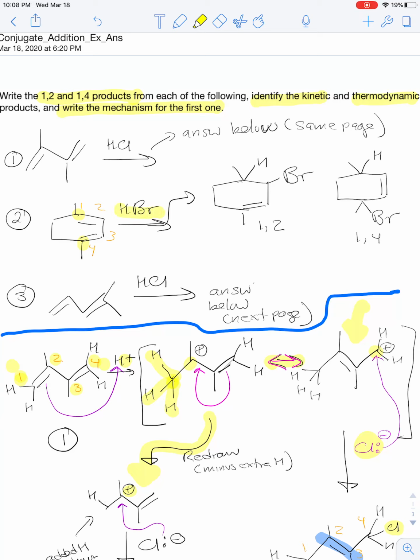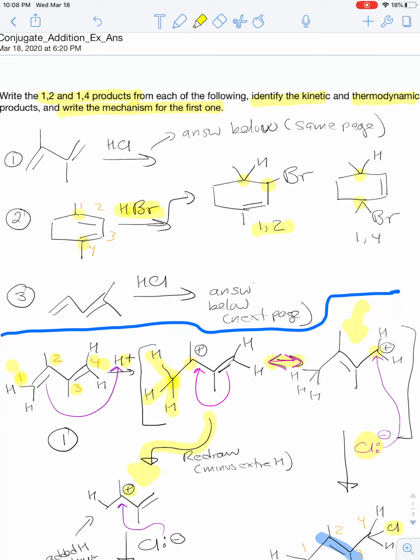And now we're adding HBr. The 1,2 product is going to be the one where the hydrogen goes on carbon 1 and the bromine goes on carbon 2, whereas the 1,4 product is going to be the one where the hydrogen goes on carbon 1 and the bromine goes on carbon 4.